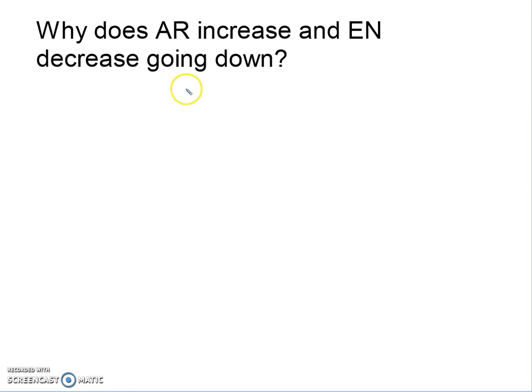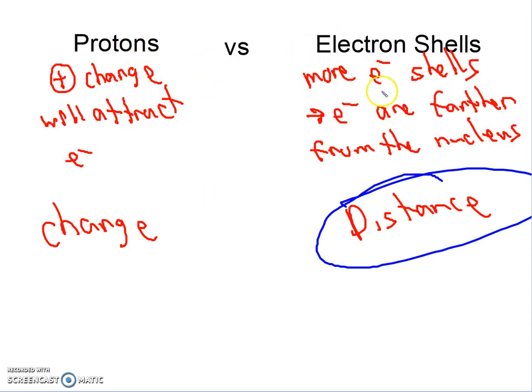What about going down? So going down, we have more protons, right? The atomic number is always increasing, but we also have more electron shells. And remember what we reviewed. If you have both of these, distance is going to have a bigger impact.